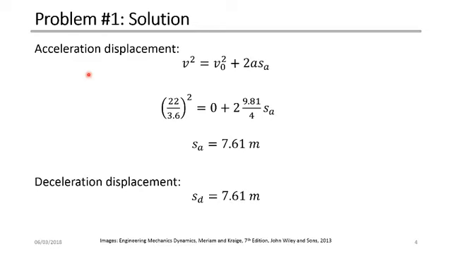We can also calculate the displacement, the position of the elevator during the acceleration. The acceleration displacement can be calculated using this equation: v squared is equal to v naught squared plus 2a multiplied by S sub a, where S sub a is the acceleration displacement.